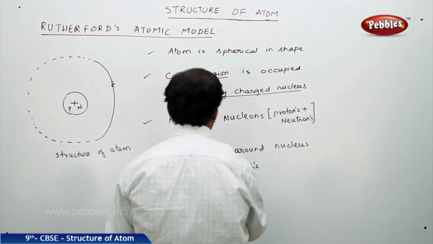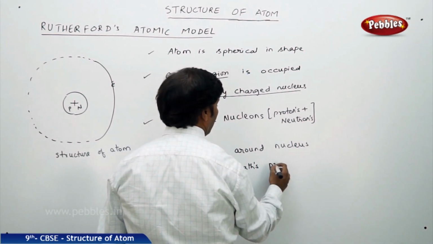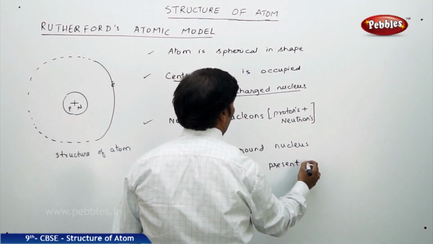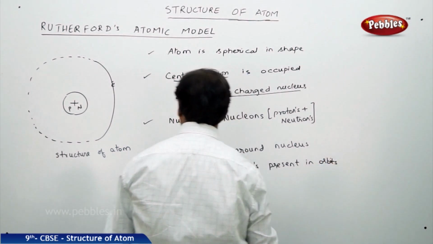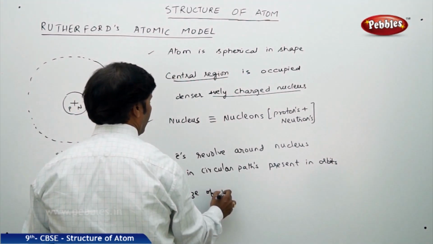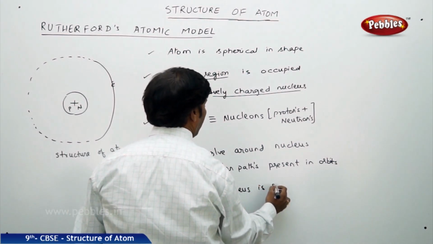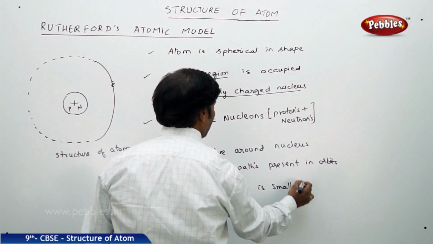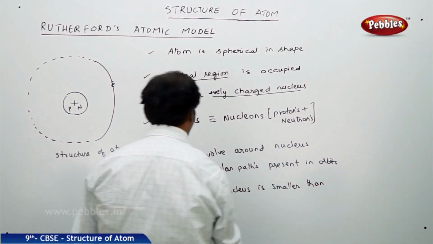Around the nucleus, electrons revolve in circular paths. They are present in orbits, and you find that the size of the nucleus is smaller than the size of the atom.